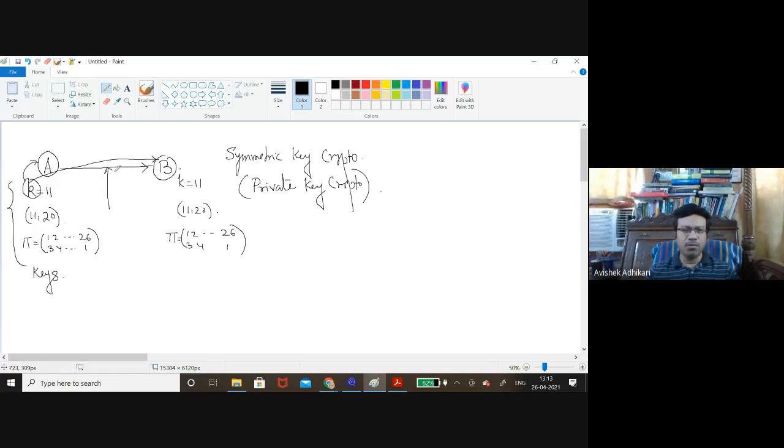Whereas if some opponent is going to hack or intercept this message, then what they will get is the cipher text. Now the question is, from the cipher text, how will the opponent get some information about the plain text or the key?